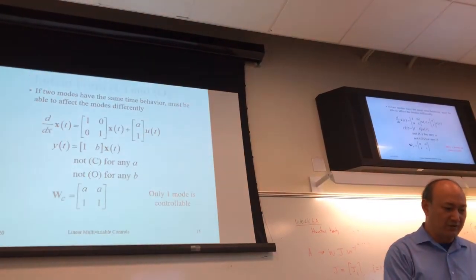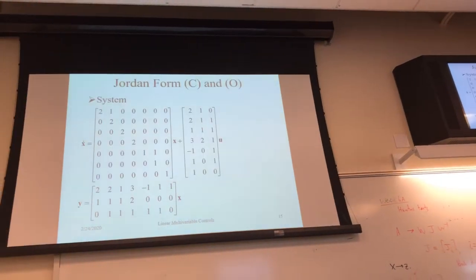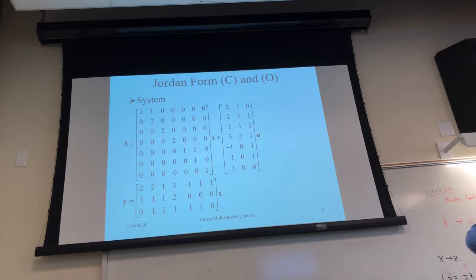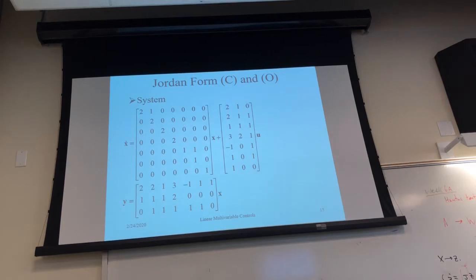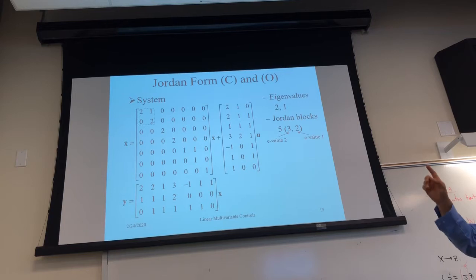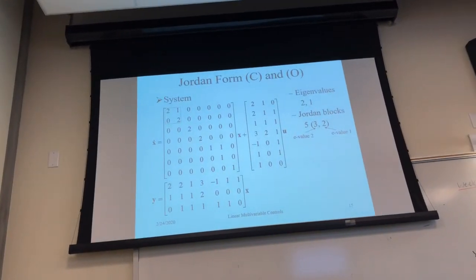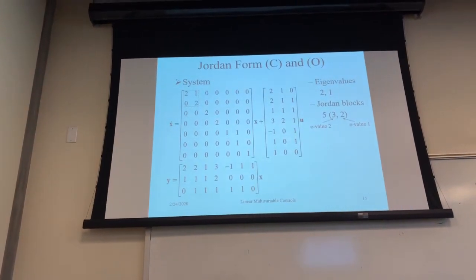So if you have a Jordan form, let's do a partition. From this one, you can see it's a JI. You have two distinctive eigenvalues. One is 2, another one is 1.